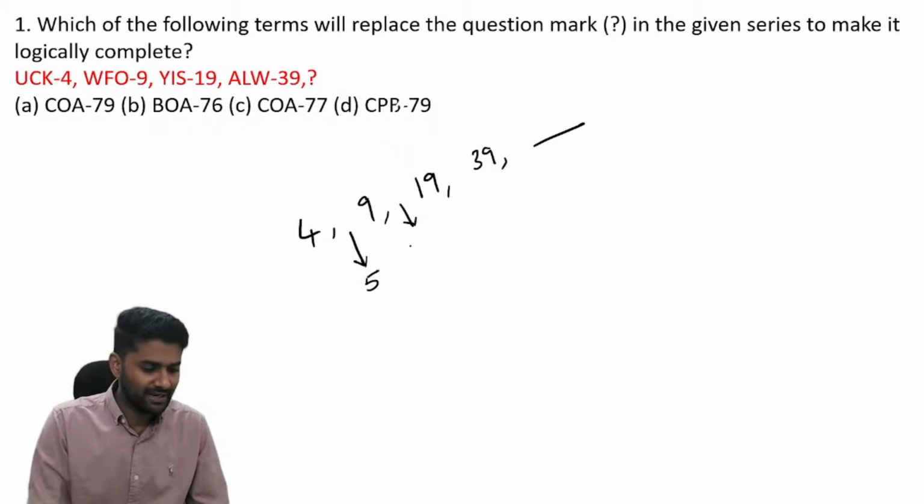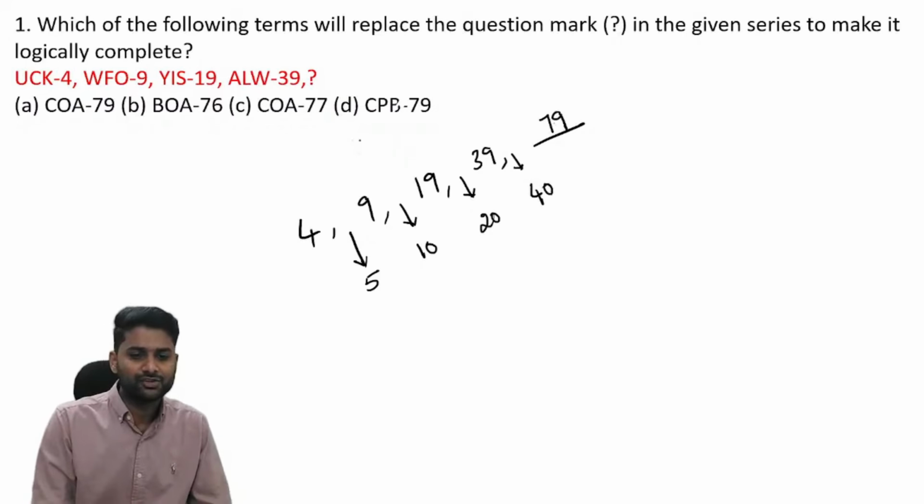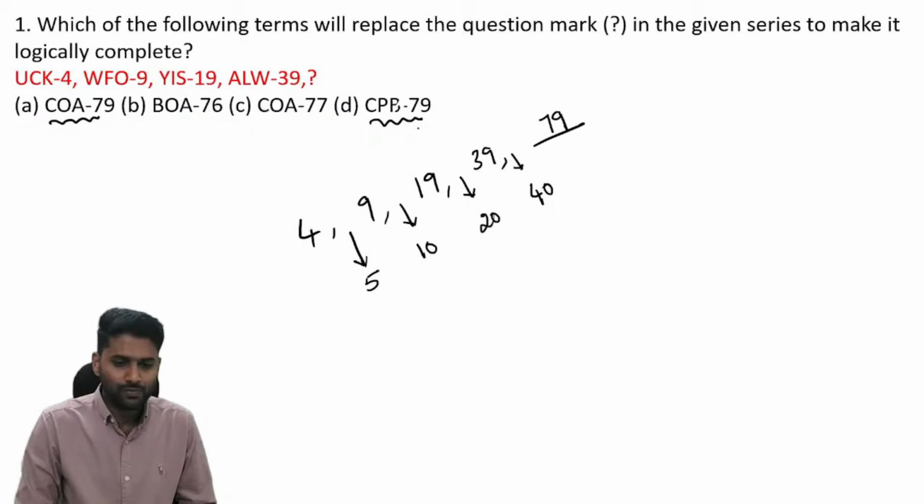The difference between 9 and 19 is 10 units. And the difference between the next two numbers is 20. So doubling 5 becomes 10, doubling 10 gives 20, and doubling 20 gives 40. So we need 79 as the numerical. 79 as the numerical, we have two options, the first and the last.